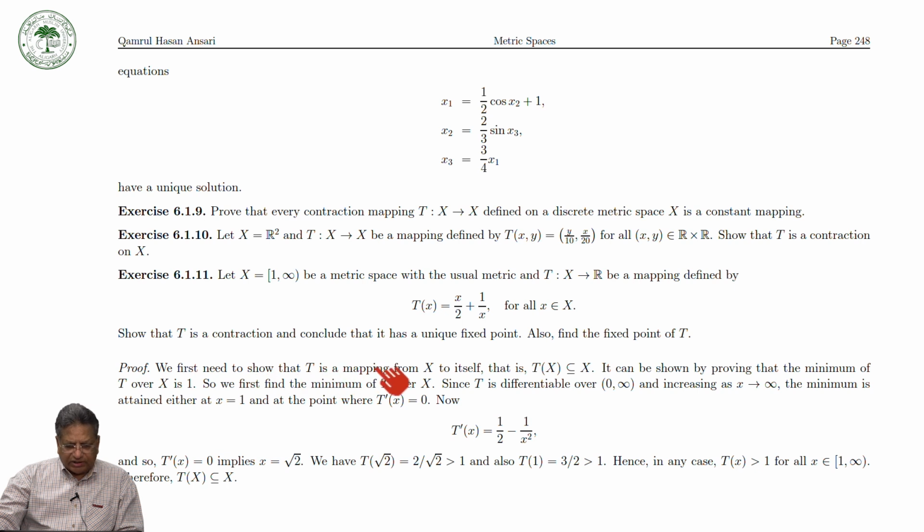So first we need to show that T is a self map, because keep in mind T is a map from X to R, and X is [1, infinity).